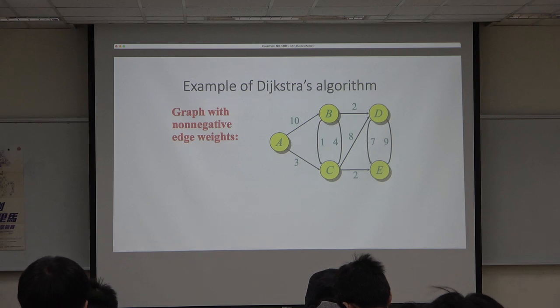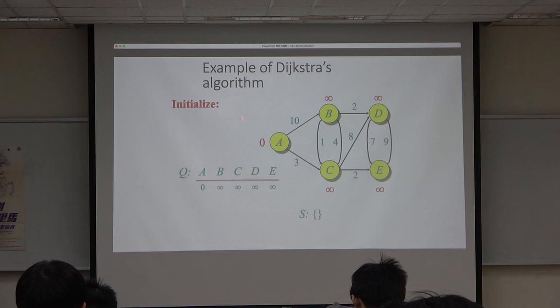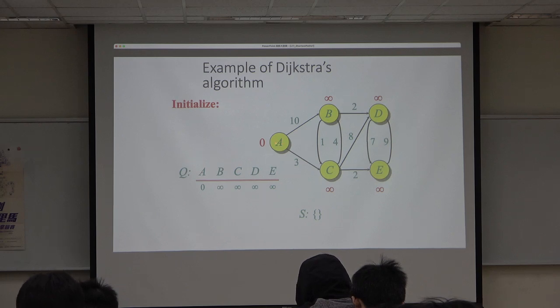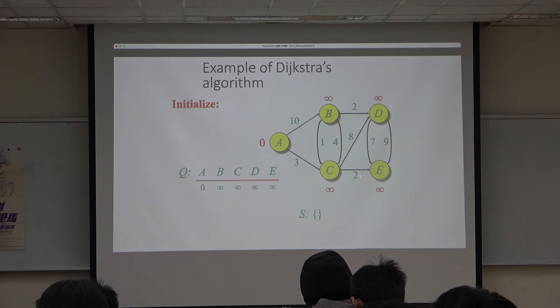Let's start with node A and assign 0 to it. Then you are going to update A's neighbors, B and C, from infinite to 10 and 3 respectively. All the other nodes are infinite.